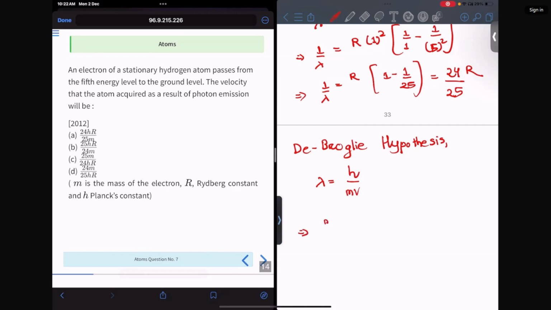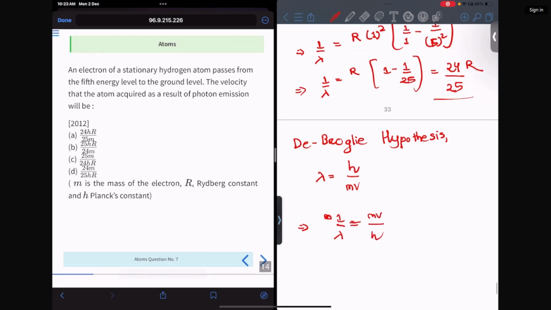So 1 by lambda will be equal to mv upon h. And what do you know? 1 by lambda's value is 24R by 25. Can I write that here? 1 by lambda equal to 24R upon 25.